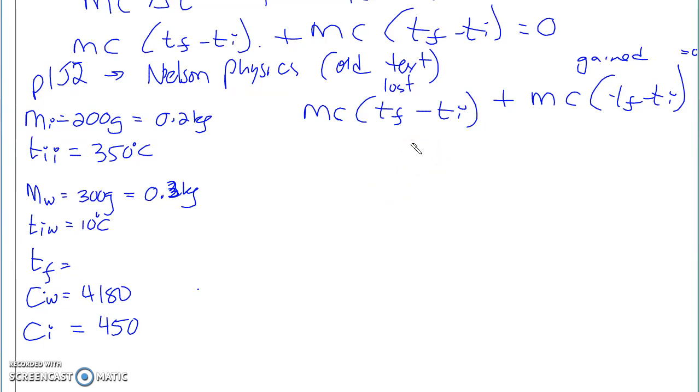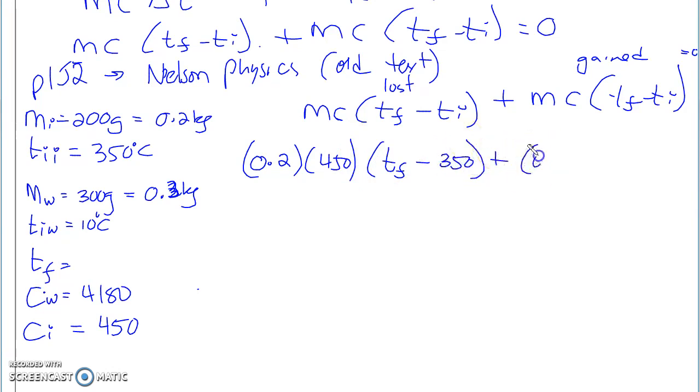We'll start with 0.2 times 450, times TF, which we don't know, minus 350, plus 0.3 times 4180 times TF minus the original temperature of the water, which was 10 degrees Celsius.